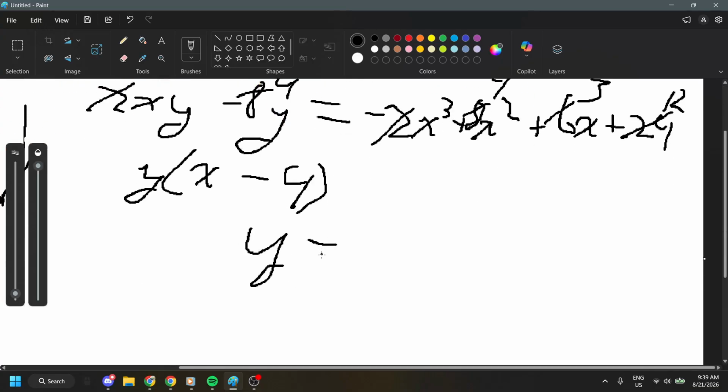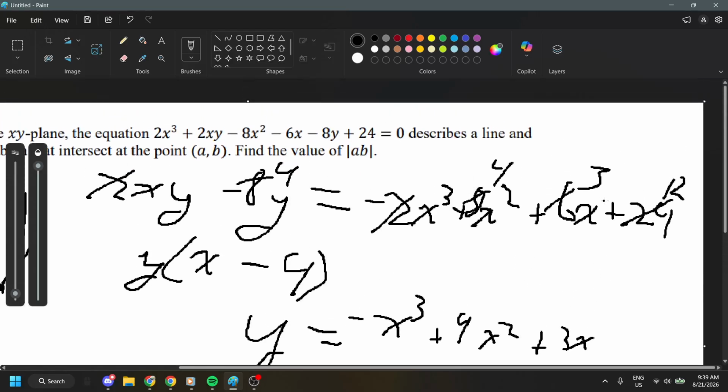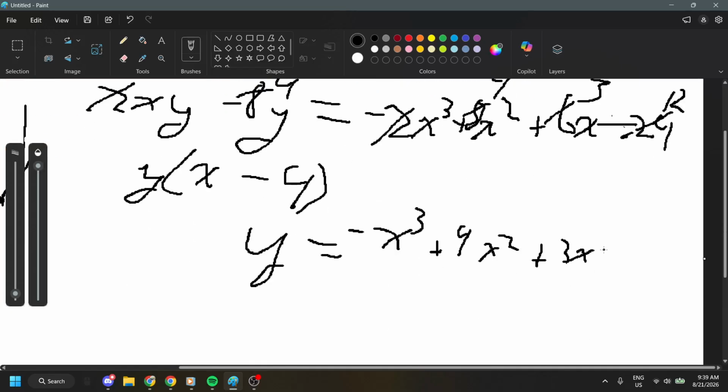So then y is equal to negative x cubed plus 4x squared plus 3x minus 12 all over x minus 4.